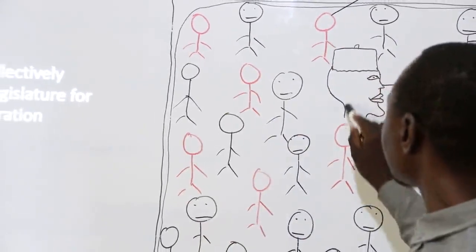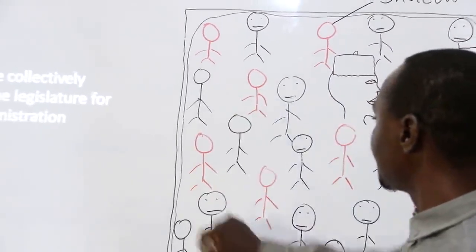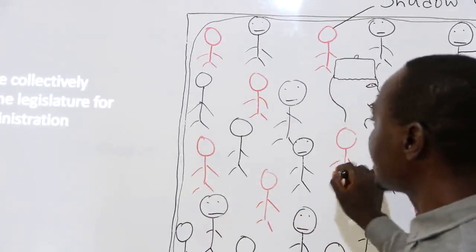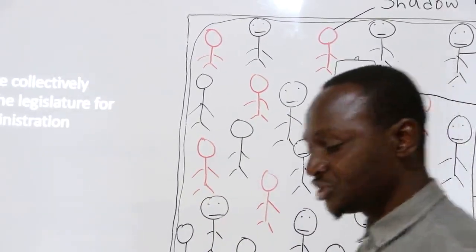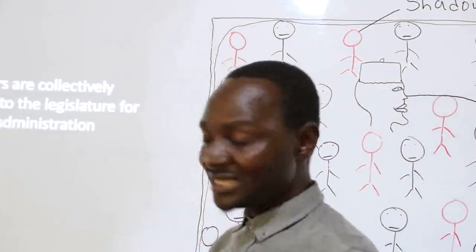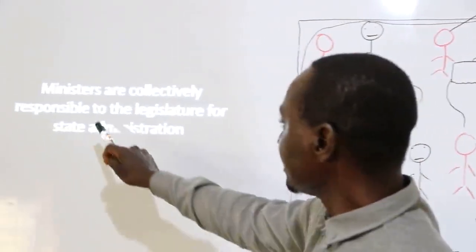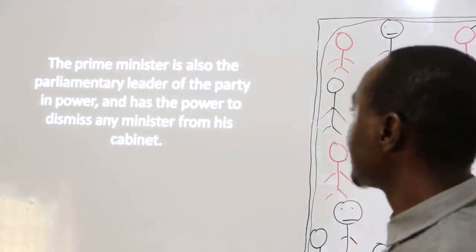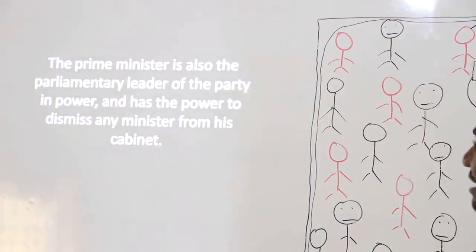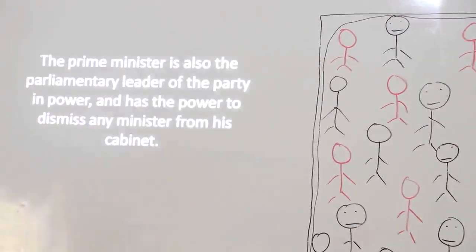Is that okay? Whatever they do, they are answerable to the legislature. What the parliamentarians have agreed upon is what will be carried out or implemented by the ministers collectively.